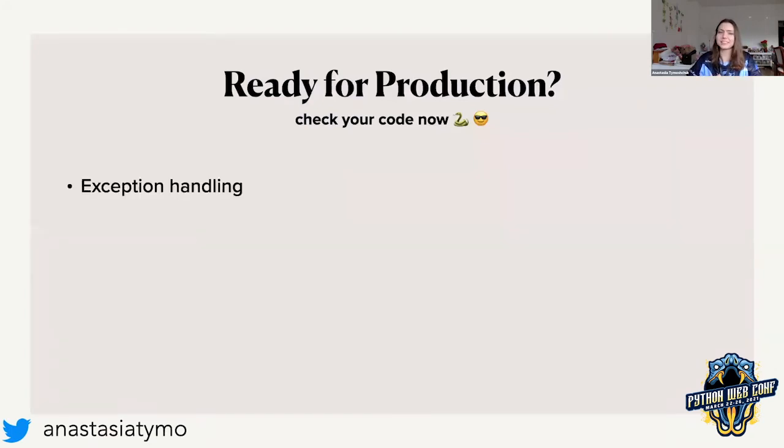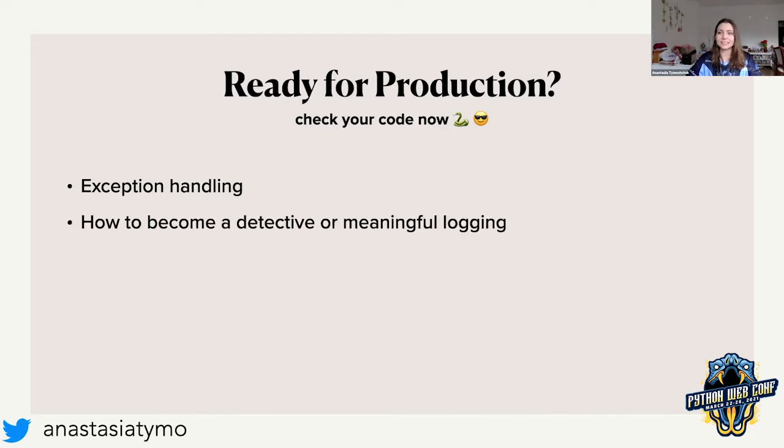The first thing you need to check is the exception handling. We will take a look at each of the bullet points I'm saying right now, one by one, after this slide. So the first one, exception handling. Then the next one is how to become a detective in your application, or how to set up a proper, meaningful logging system for your application.